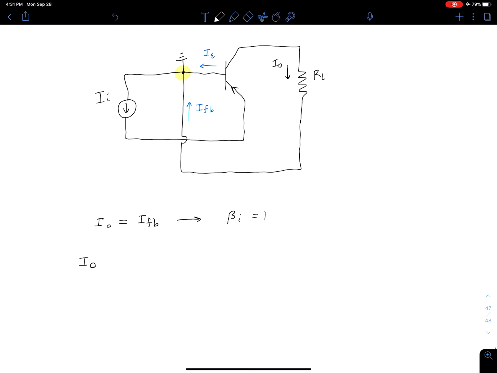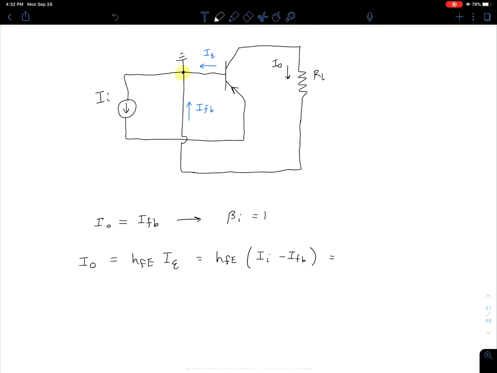And so one of those is that our collector current is HFE times our base current. So I naught, being our collector current, is then equal to HFE times our base current, which is our error current I sub epsilon. Well, from KCL at that highlighted node, we can rewrite our error current, which is our base current, as our input current, I sub I, minus our feedback current.